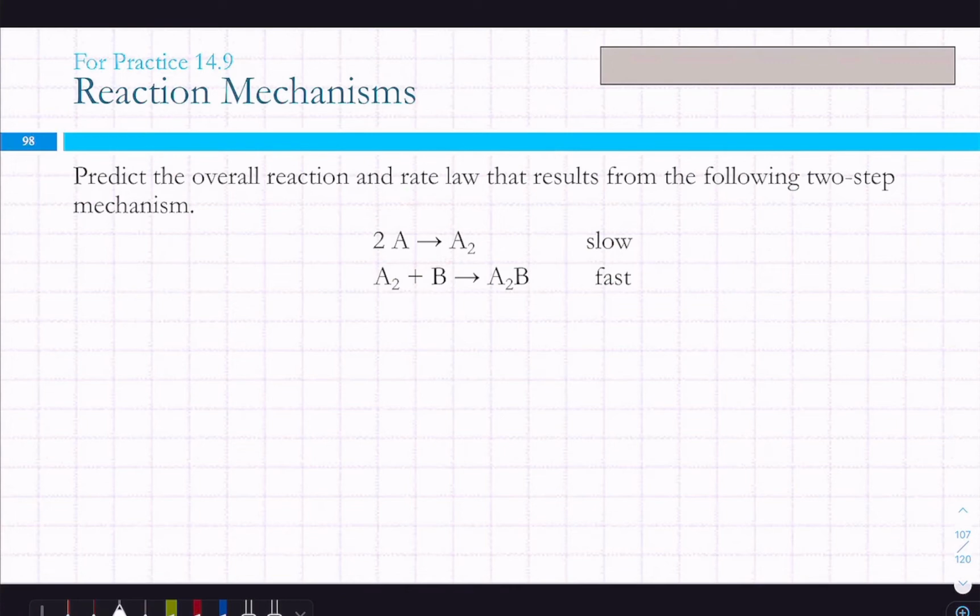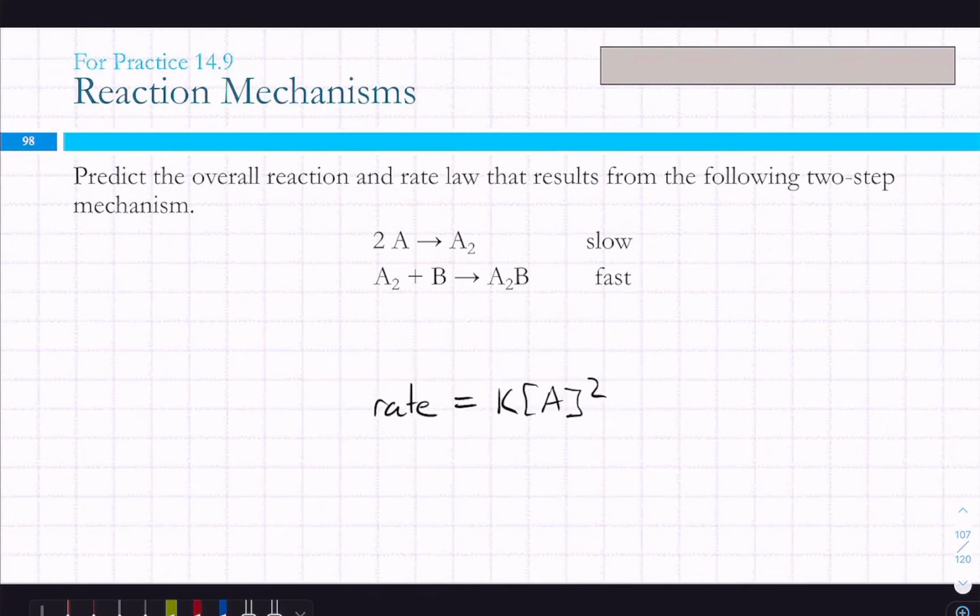So what's this rate going to look like? I guess that's part of this, right?